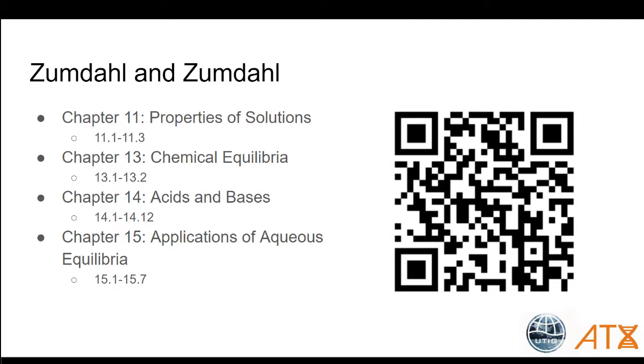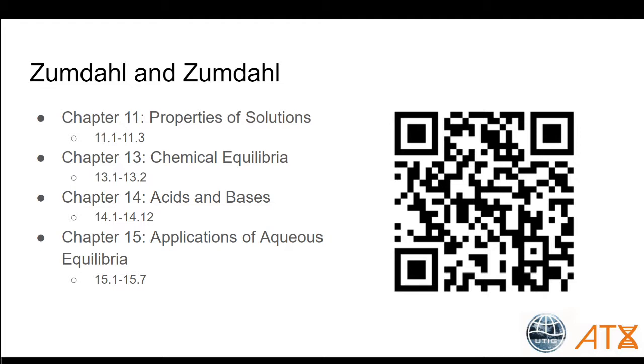Typically, Zumdahl and Zumdahl will group these chapters in topic sections or topic areas. So these are the solutions chapters: solutions properties, equilibrium, which is not covered in this event, but it's a good way to get the fundamentals of what solutions and acids and bases are, because they're fundamentally equilibria related.